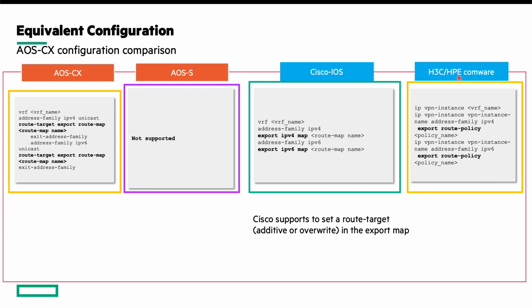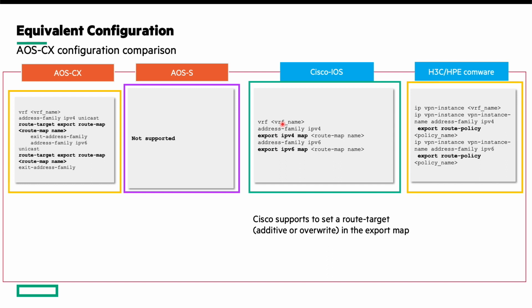On H3C HPE Comware, yes, we have a command also, which is the export route policy. On Cisco IOS, the feature is also available through the command export ipv4 map, except that the implementation is a bit different: if you apply this route map, it's going to replace what has been configured at the VRF level as the export route target.